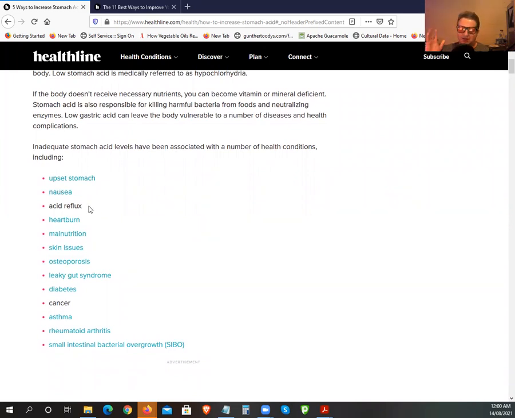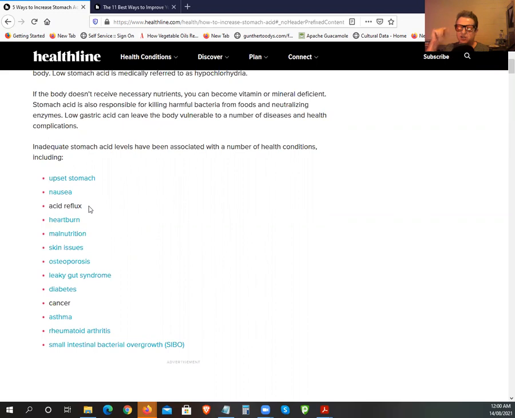Because acid reflux is not because of too much acid in the stomach, it's actually because of too little. What it means is you're getting help from the pancreas, trying to add this acidity, but it's not enough to actually close the sphincters.